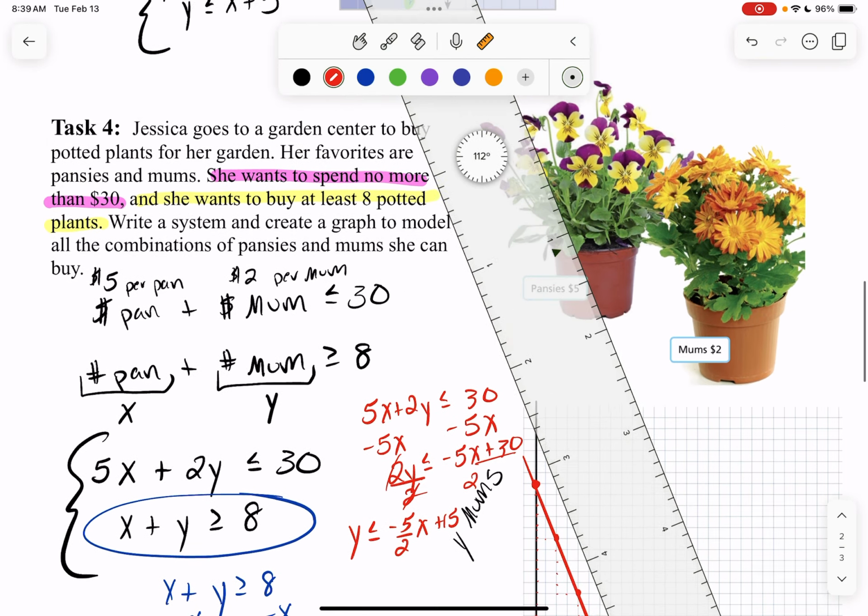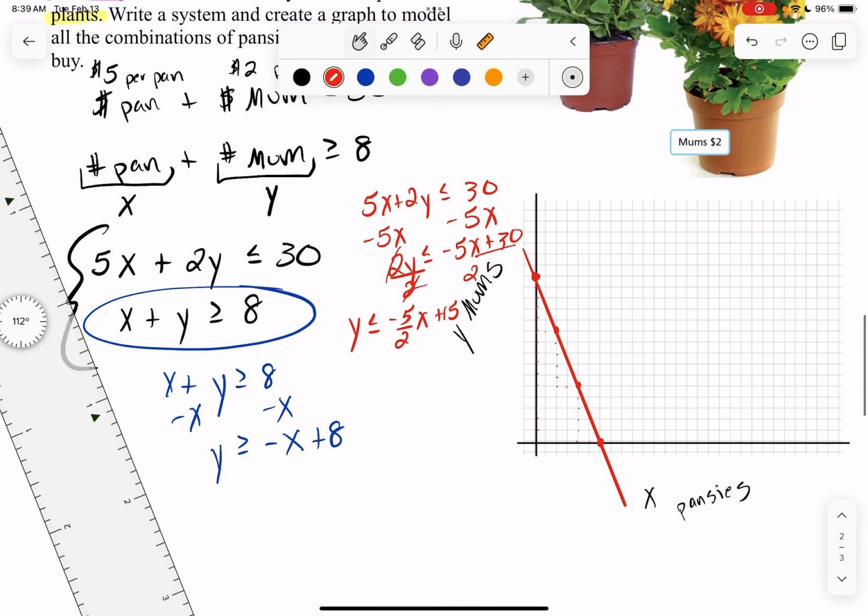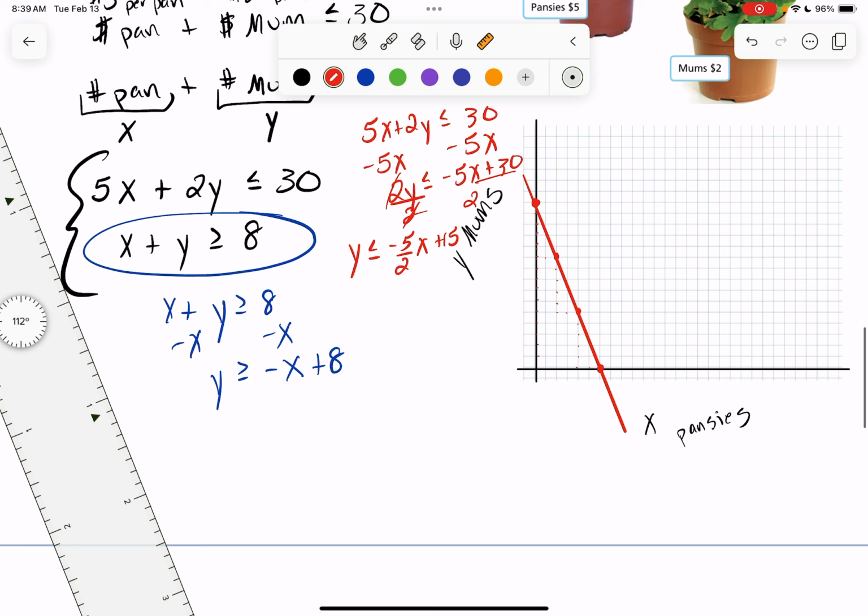And we want to be less than that, so that would be all the numbers underneath. So let's go ahead and get my shading. We'll shade in red all the points underneath there. And we really only need the positive, so we're just looking at that little wedge. Okay. The next one here, for blue: y-intercept of 8. 1, 2, 3, 4, 5, 6, 7, 8. Down 1 over 1, down 1 over 1, down 1 over 1.